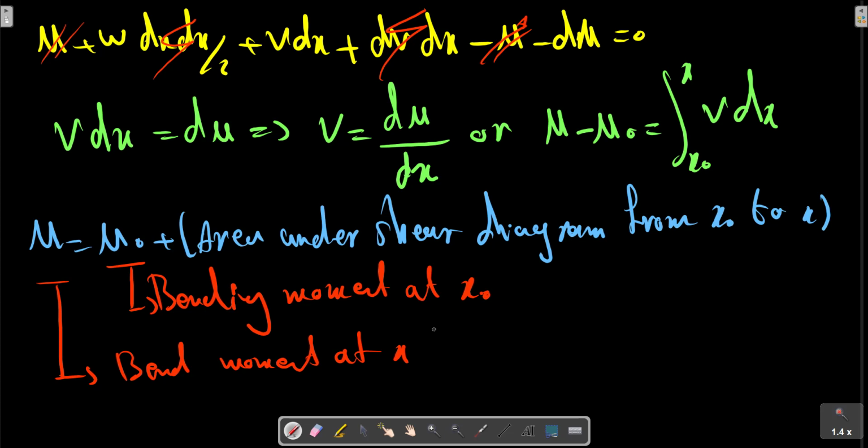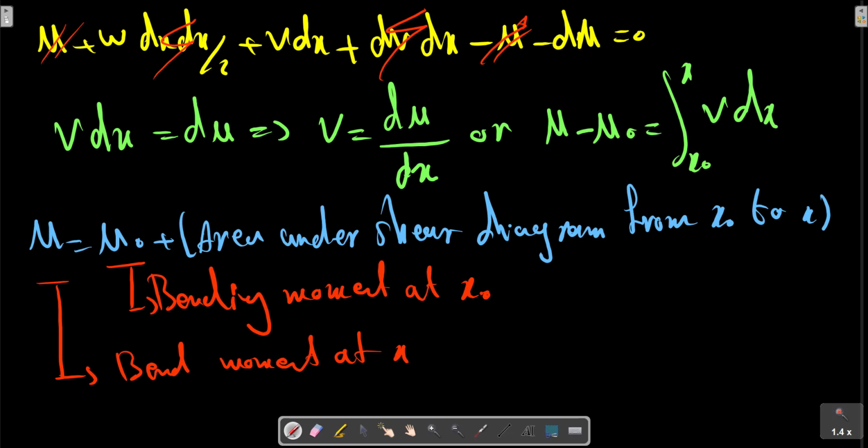For beams where there is no externally applied moment M0 at x0, the total moment at any section equals the area under the shear diagram up to that section. Summing the area under the shear diagram is usually the simplest way to construct the moment diagram.